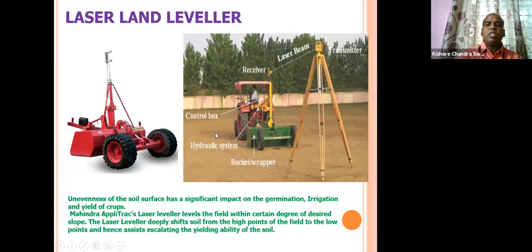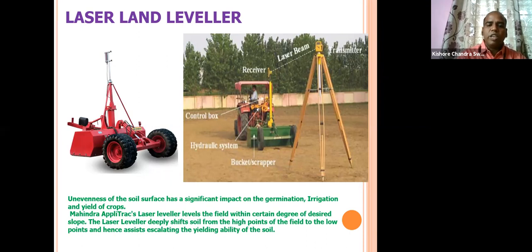We have this laser land leveler, which is very useful for enhancing irrigation efficiency, because generally if you go to any field, you find that the field looks plain, but it is plain only from looking; there is always some slope within the field.